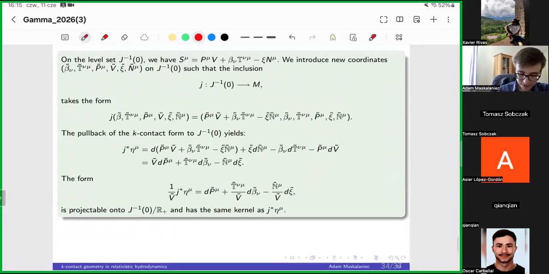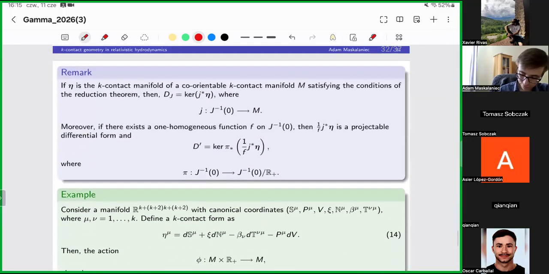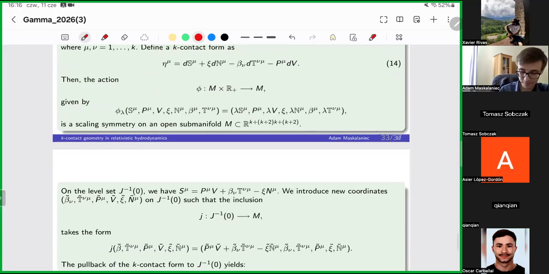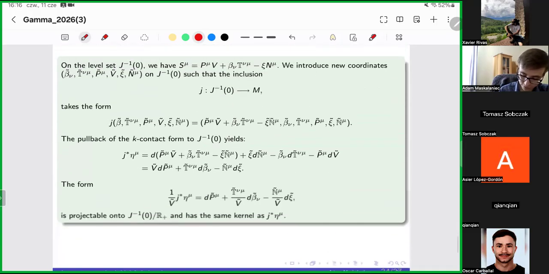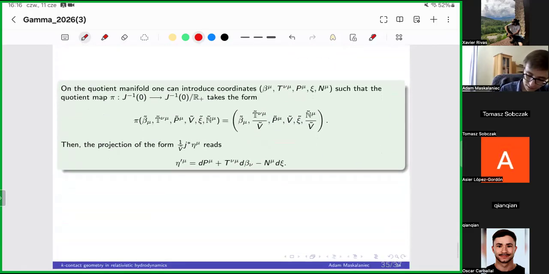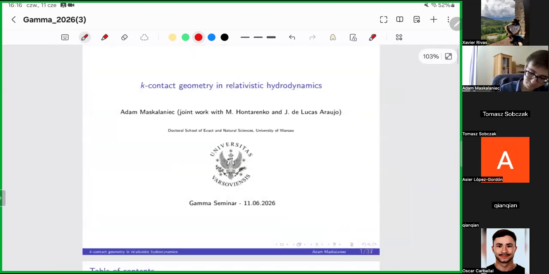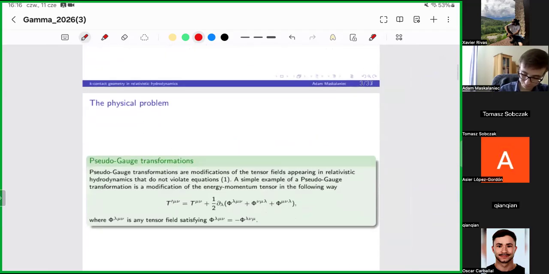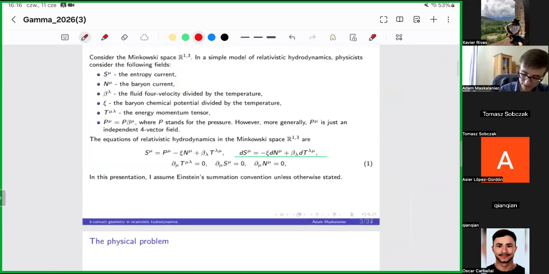And moreover, it turns out that this k-contact form, which is defined now only locally, whenever we can find a non-vanishing one homogeneous function, is the k-contact form eta prime here, that corresponds to an equation written in the beginning here.